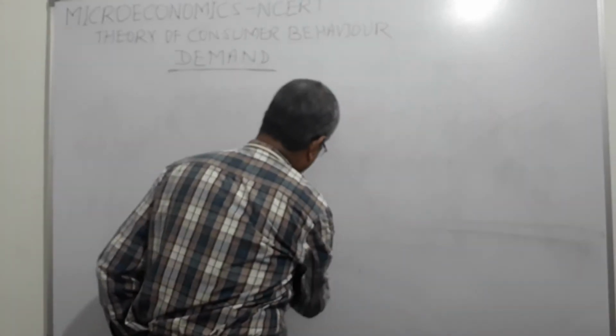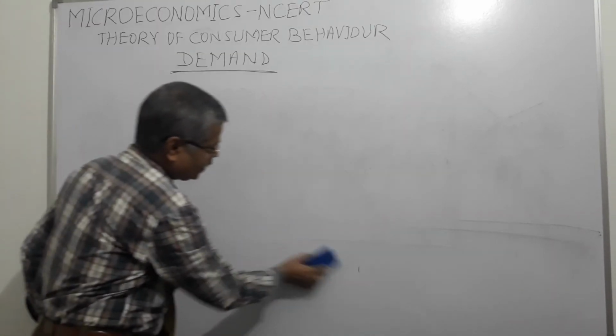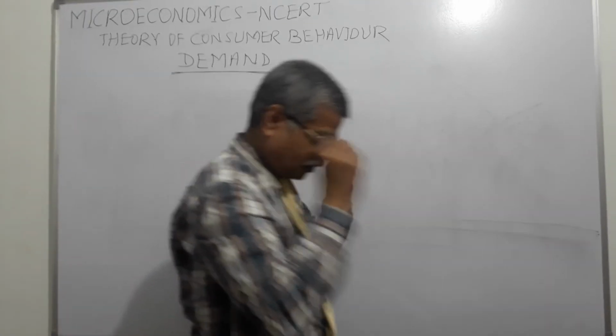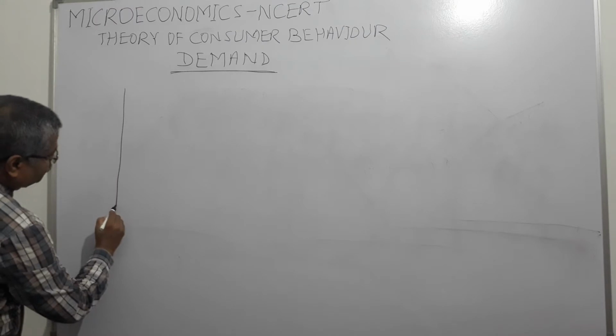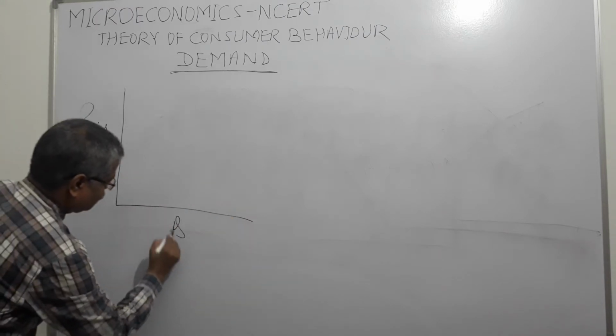This is applicable to normal goods, and other things remaining the same. So what happens? It goes like this: price, quantity.